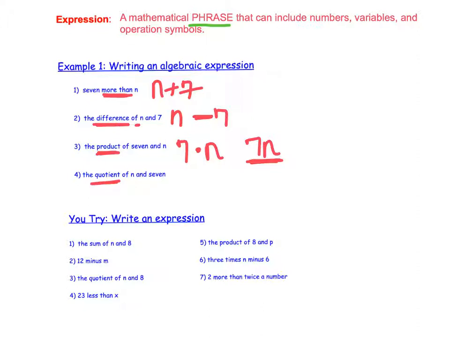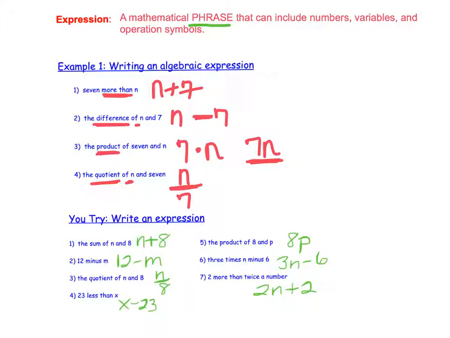Quotient should trigger that you're doing a division, and the trick there is the first thing they write usually goes on the top of the division bar, so it's the quotient of n and 7. You try to write these down here, and then I will come back in a little bit and you can check them. So pause the video.